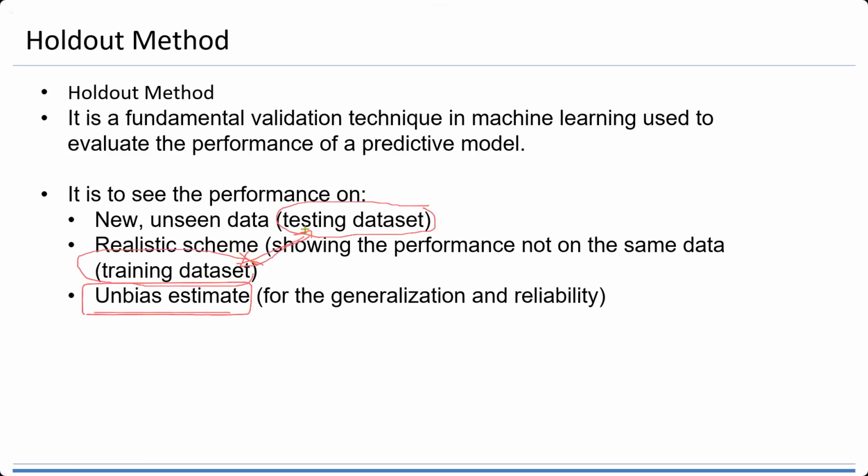Because they are totally different, it is for the generalization. We can make a model that can be generalized, applied to any data set, to a new data set. And also it improves the reliability.